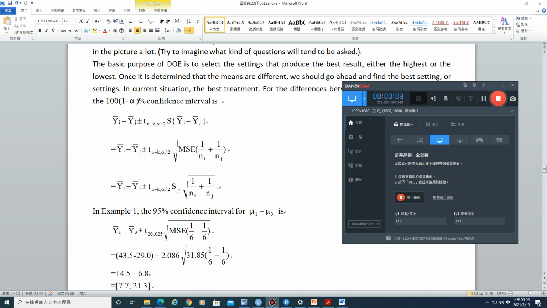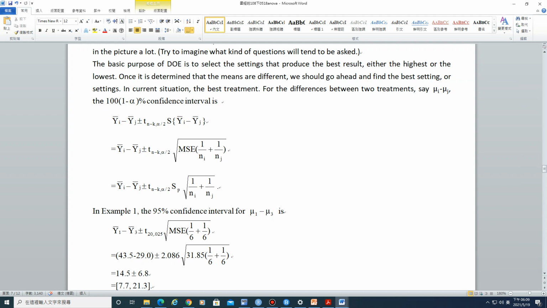Now let's go back to the problem. There is one thing very good about it, because in this experiment the sample sizes are the same. So we get to calculate the same number, no matter which pair of all possible pairs; this number will always be the same.